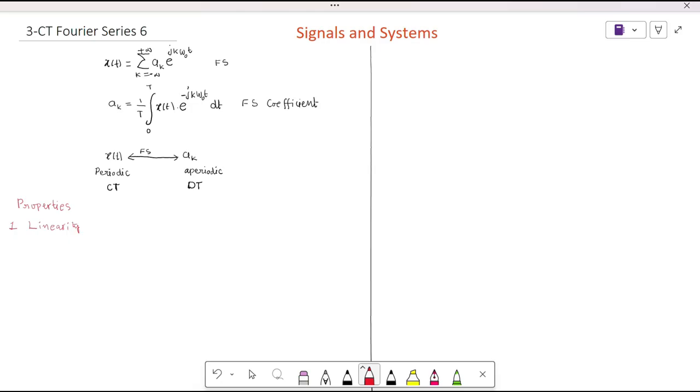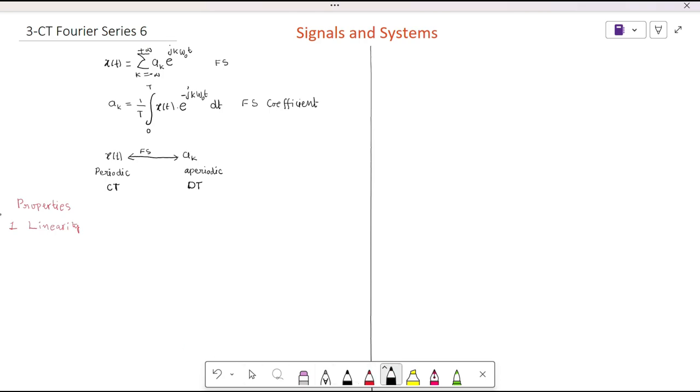To verify linearity, whether this Fourier series follows linearity or not, the Fourier series must satisfy superposition. That is nothing but the scaling property and the additivity property. Once it satisfies scaling and additivity, then we can say this Fourier series follows linearity.